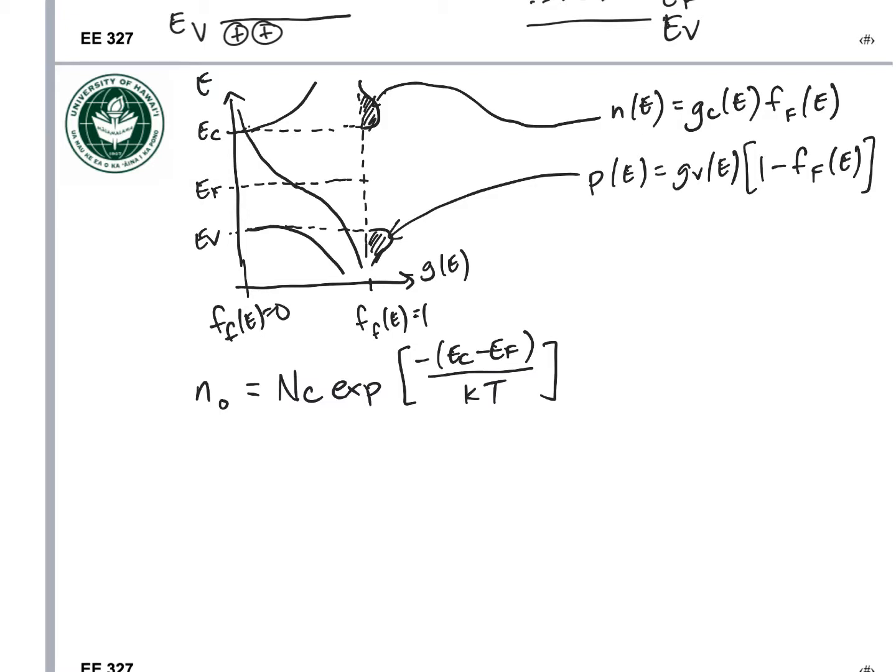Since we didn't talk about doping yet, this is also equal to the intrinsic or undoped electron concentration.